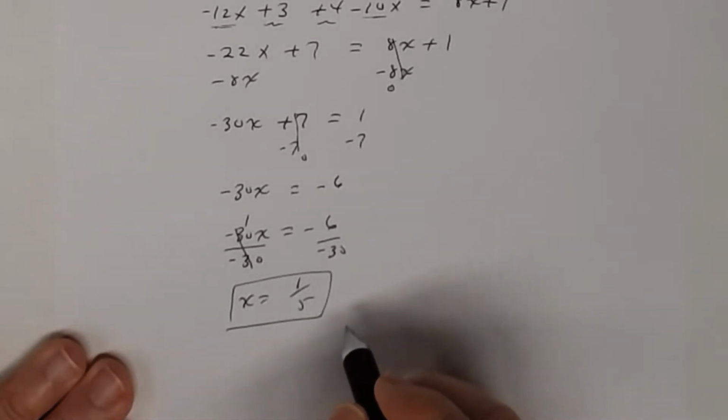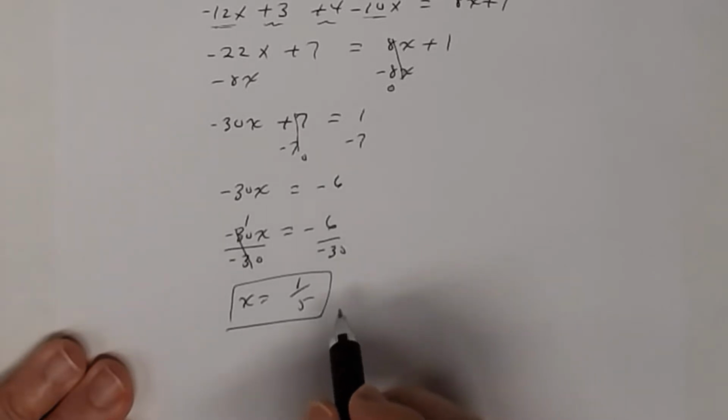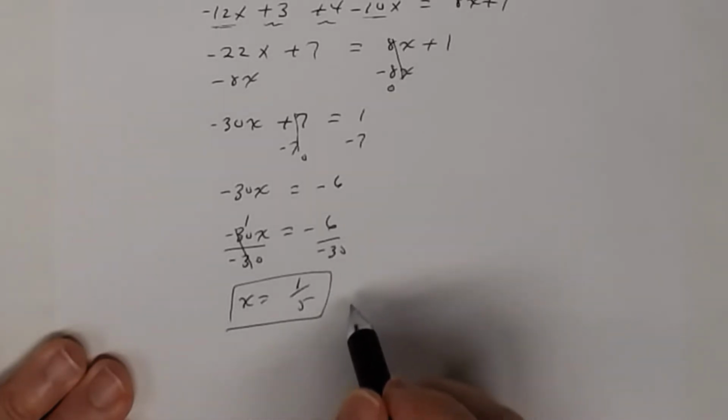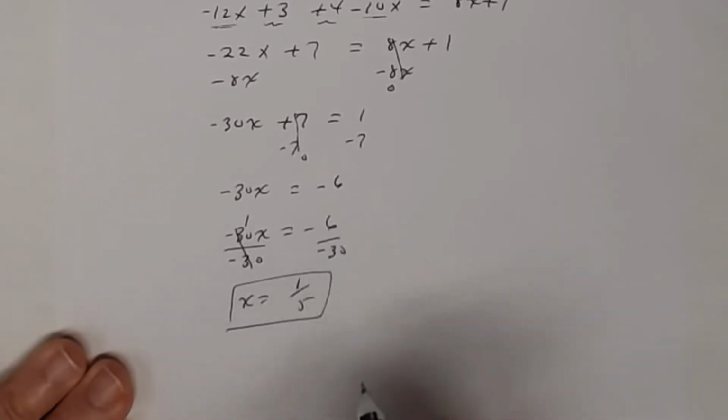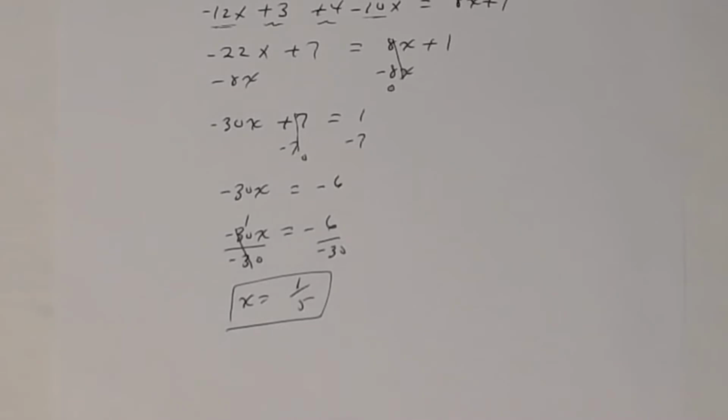Don't write it as a decimal unless you're told to do so. 1/5 is a terminating decimal, but if it was not, some of you will round off, and what you have as an estimation is not the same as the exact answer. So in other words, what I'm trying to say is this.